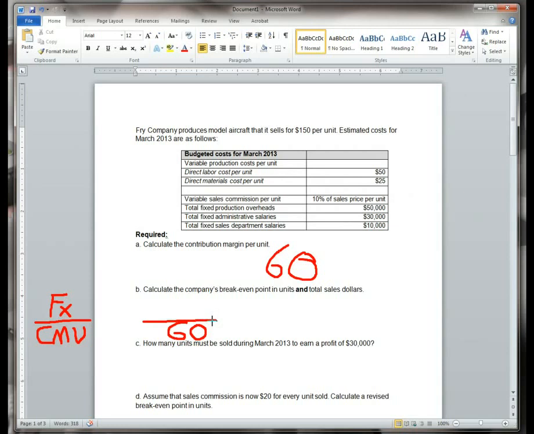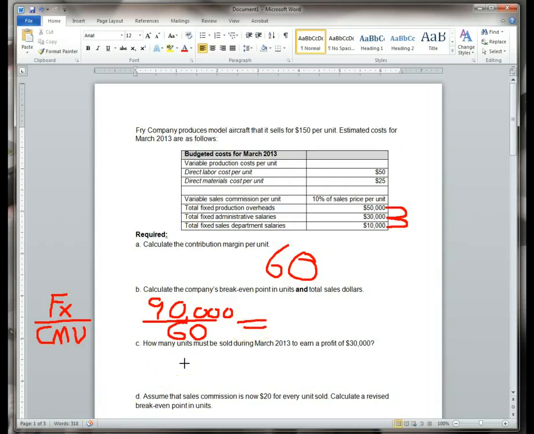So then we have to figure out the fixed costs. The fixed costs, you can take 50,000 plus 30,000 plus 10,000. That should be 90,000, and that's going to equal something.